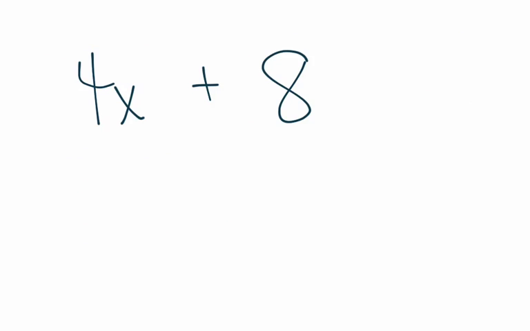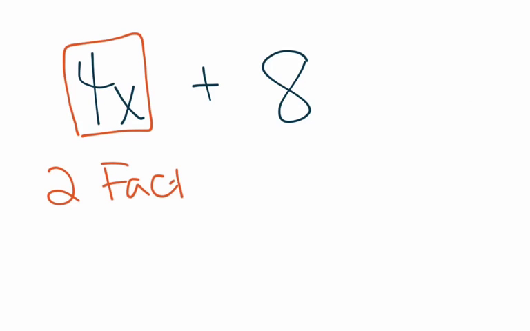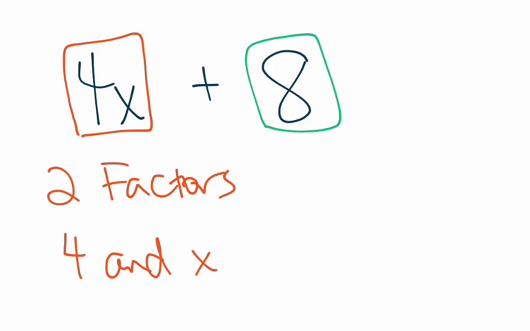Looking at each term individually, this has 2 factors: 4 and x. This does not have any factors because it's a constant. 4x is considered factors because they're multiplying.